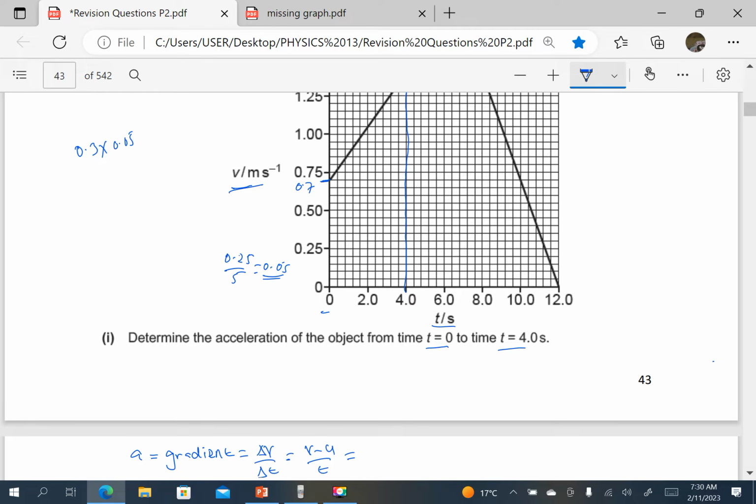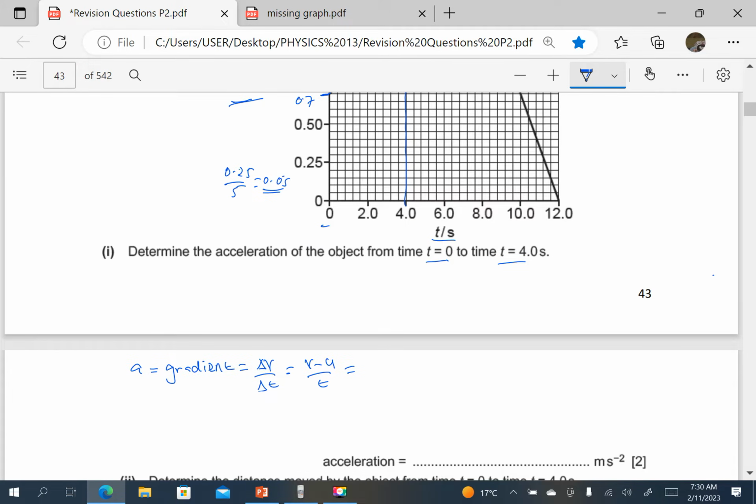Determine the acceleration of the object from t equals 0 to t equals 4. We know that acceleration is equal to the gradient, which is change in velocity, v minus u over t.